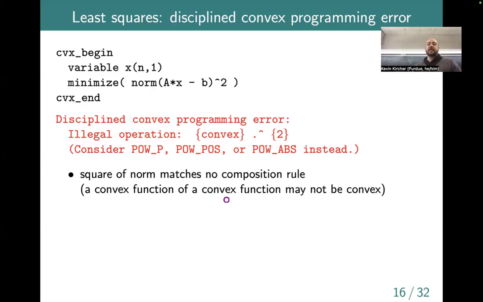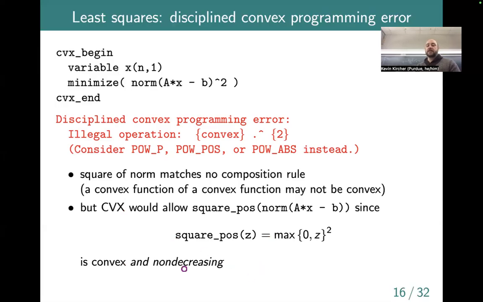Okay. So we need something more than just convexity. And in fact, we need a curvature property. We need the thing that we're composing with our convex function to be a non-decreasing function. So if we take CVX's suggestion of using square pos, I guess it wasn't listed here, but pow pos is the power of a positive part, which is similar to the square of the positive part. So this function is defined only basically for non-negative inputs.